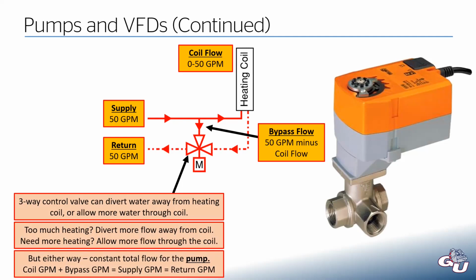If we have 10 of these three-way valves out in our system, even though every one of those valves is varying flow at the coil itself, it is still constant flow to and from each coil, which means the pump flow overall will be constant.